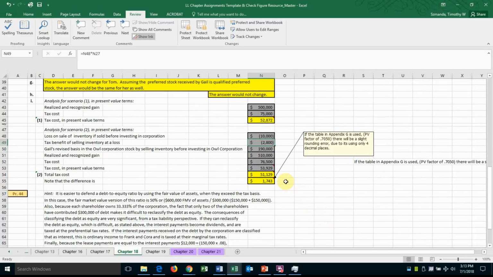All right, now we're going to look at Gail's revised basis in Owl Corporation by selling the inventory before investing in the Owl Corporation. And you can see Gail's basis is the $50,000 sale price for the inventory, cash of $125,000, and the patentable invention at $15,000.